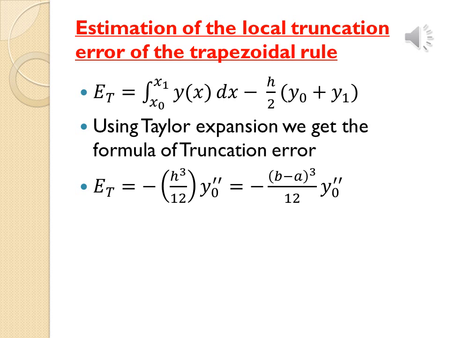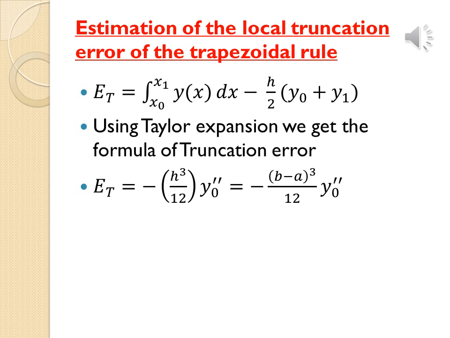By Taylor expansion we get error equal minus h power 3 over 12 times y0 double dash. What's y0 double dash? Make y and differentiate first, differentiate second, and substitute at x equals x0. h is x1 minus x0, power 3 over 12.